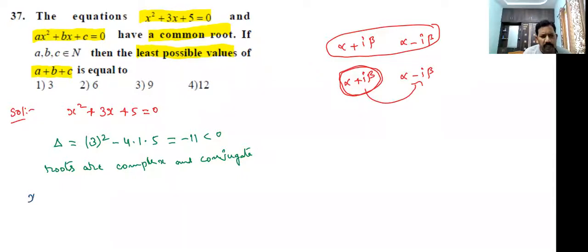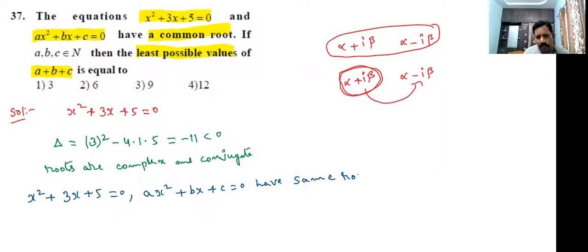That means x square plus 3x plus 5 is equal to 0 and ax square plus bx plus c is equal to 0 have the same roots.